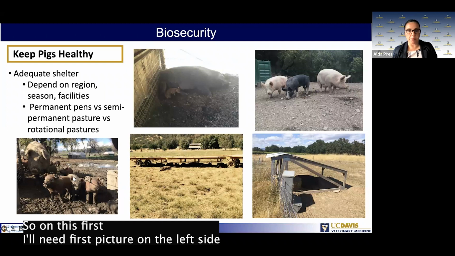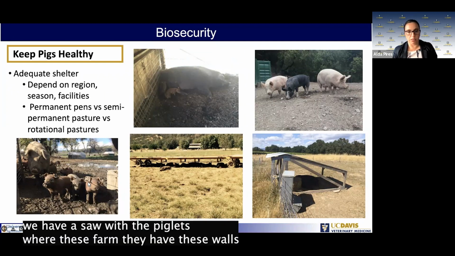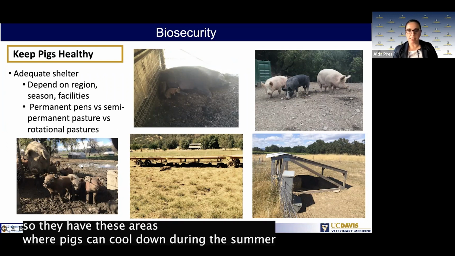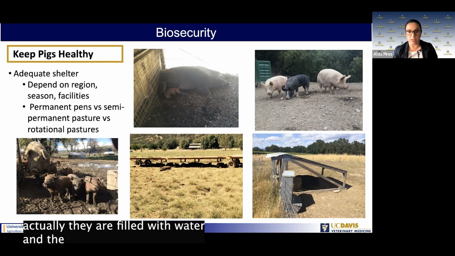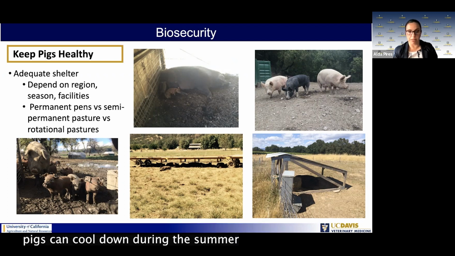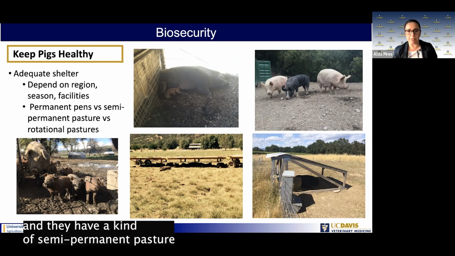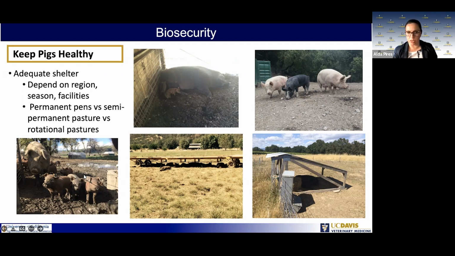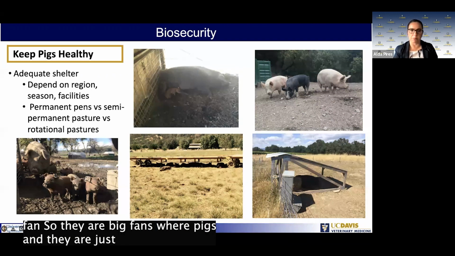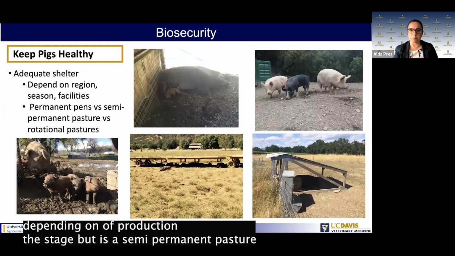On the first picture on the left side, we have a sow with piglets, where this farm has these wallows, areas where pigs can cool down during the summer. They are filled with water, and the pigs can cool down. And they have a kind of semi-permanent pasture pens, big pens where pigs are distributed depending on production stage, but it's a semi-permanent pasture.